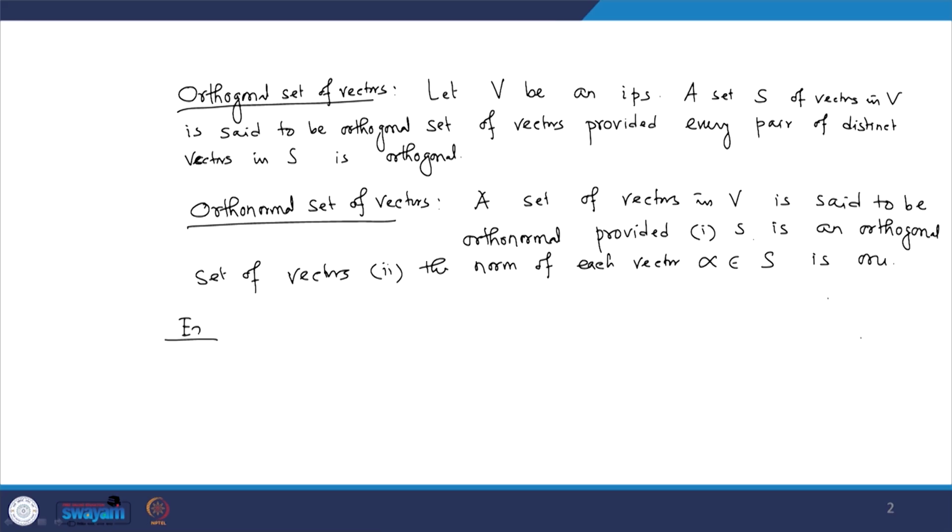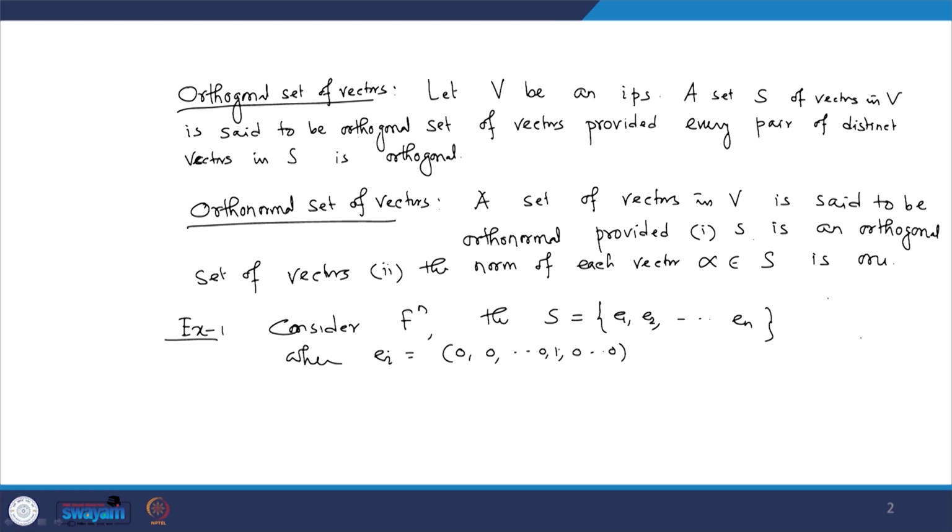For example, consider over F^n the set S consisting of E1, E2, ..., En, that is the standard ordered basis on F^n, where Ei equals (0, 0, ..., 1, ..., 0, 0), that is, at the ith coordinate it is 1, otherwise 0.